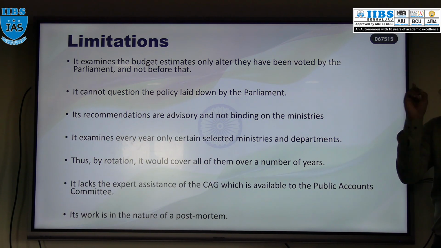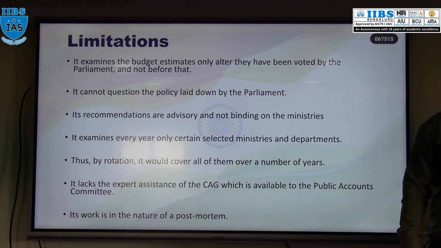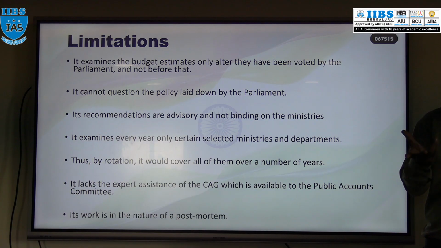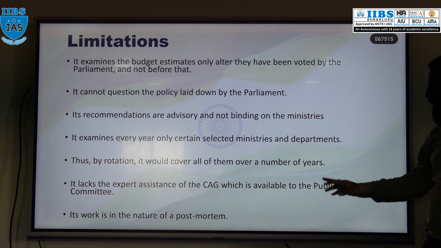And it has a tenure of 1 year only. So in 1 year, how many ministries' estimations can be examined? Hardly 8 to 10, not more than that. So all ministries and their departments won't be covered.